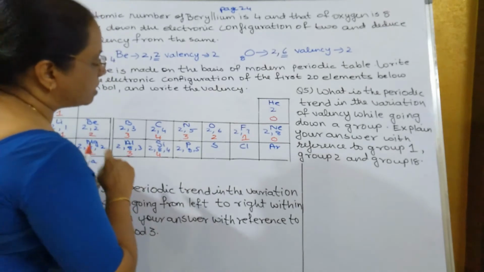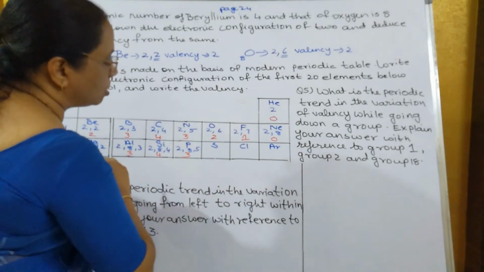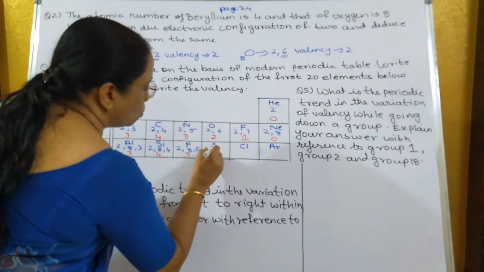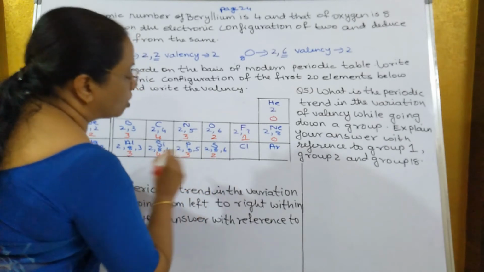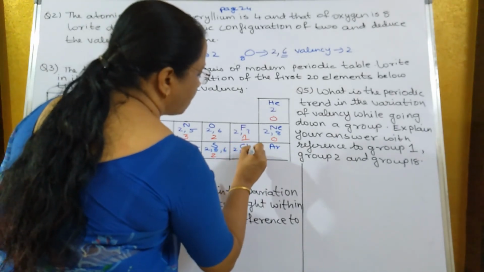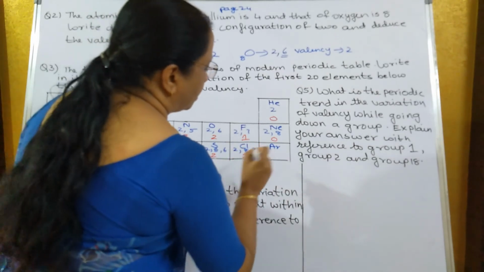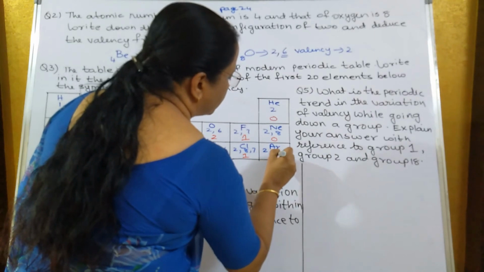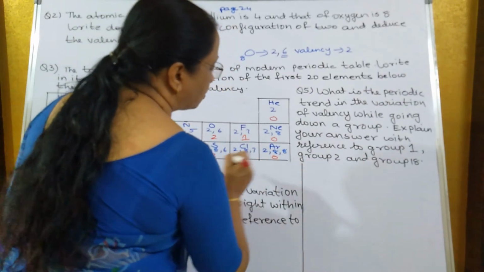Since it has valence electron 5, it will take 3 electrons. Next one, 2, 8 and 6. So its valency will be 2 because it takes 2 electrons. Next one, 2, 8, 7. Valency is 1. Here it is 2, 8, 8. Since it has 8 valence electrons, valency will be 0 over here.